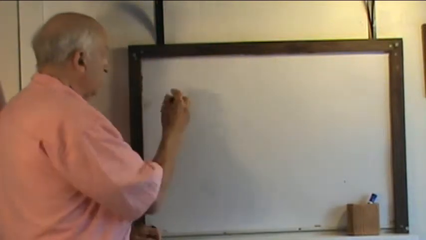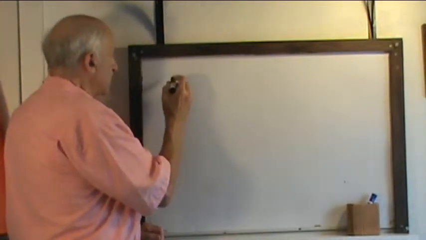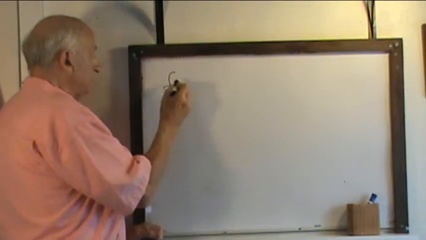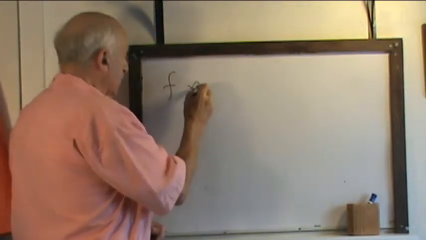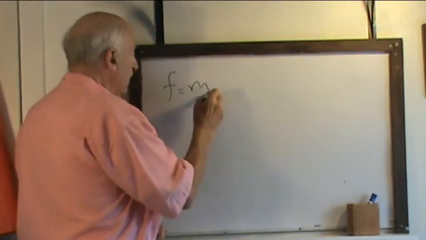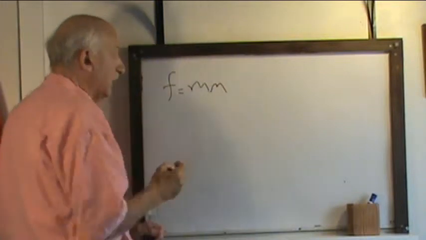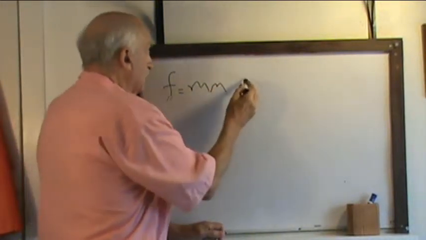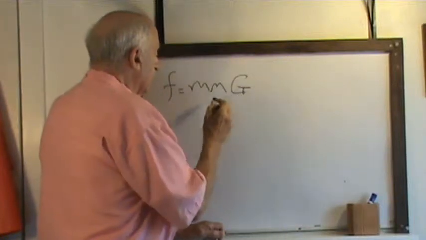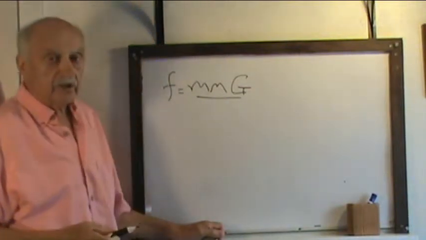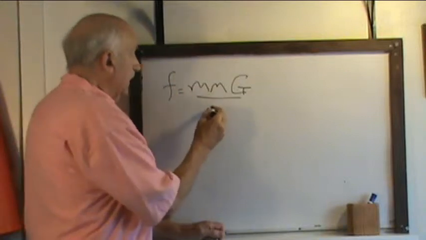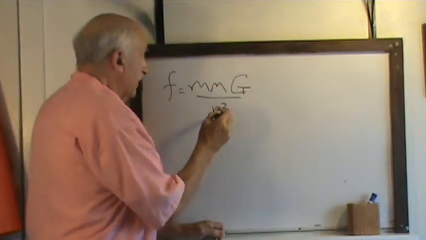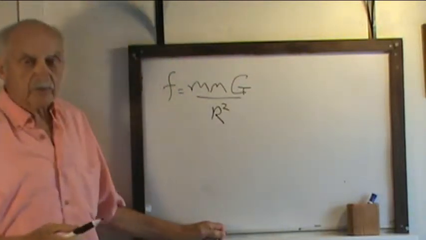Now, we all know Newton's equation, which is that the force of gravity is equal to the product of the masses of the two bodies involved multiplied by the universal gravity constant G and divided by the square of the distance between the two bodies.